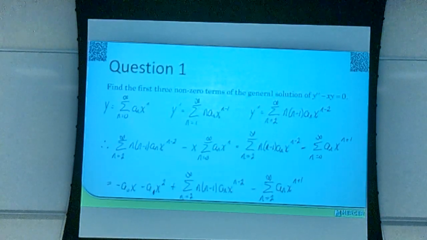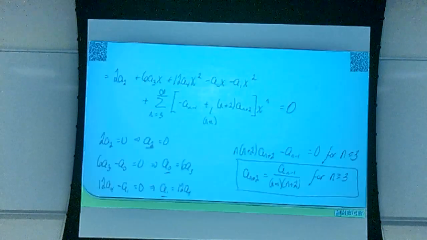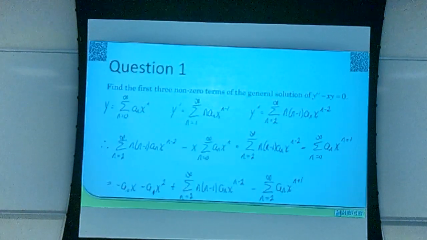N equals 0, you get A naught x to the 0, which is just A naught, right? N equals 1, you get A1 x to the first power. N equals 2, it's A2 x squared, but A2 is 0.